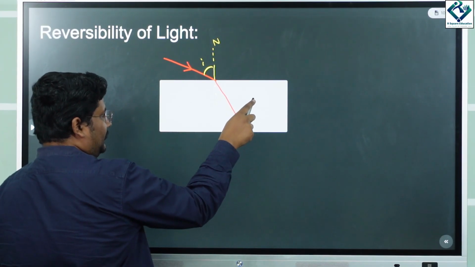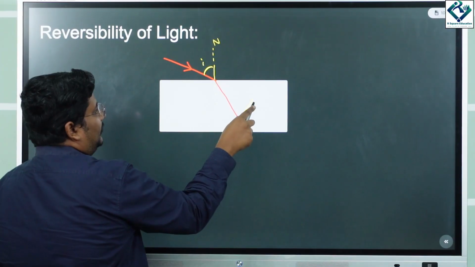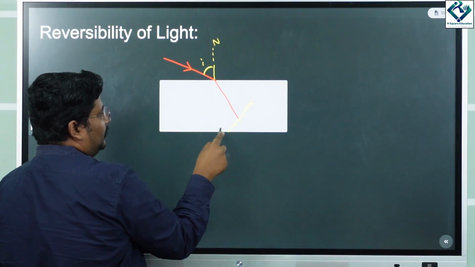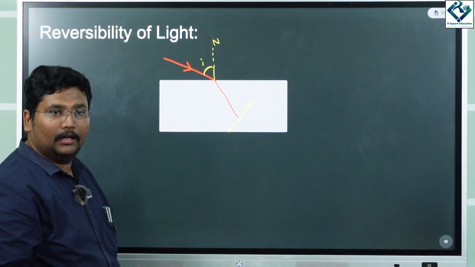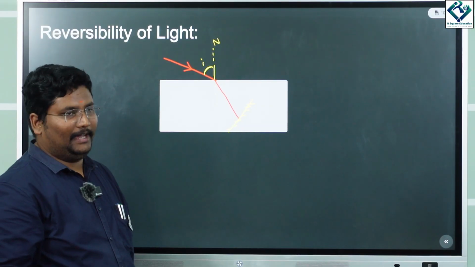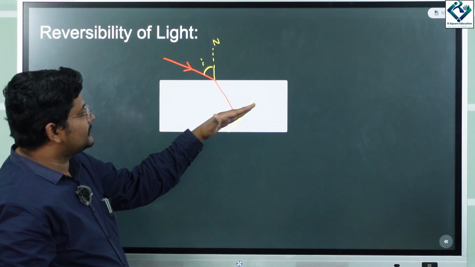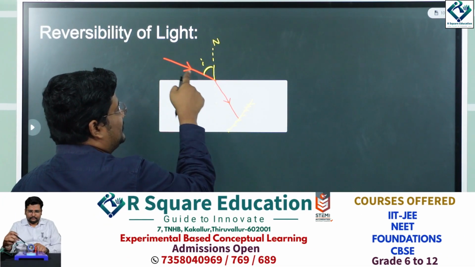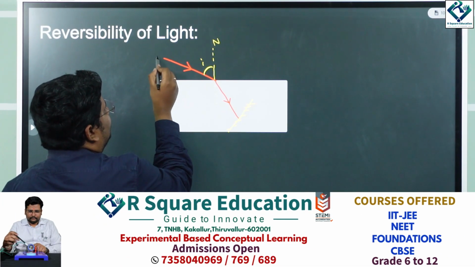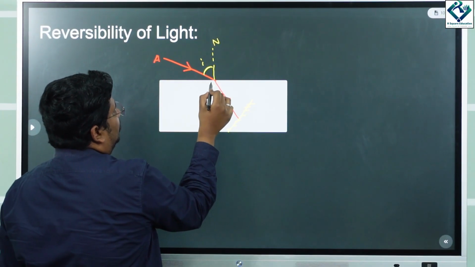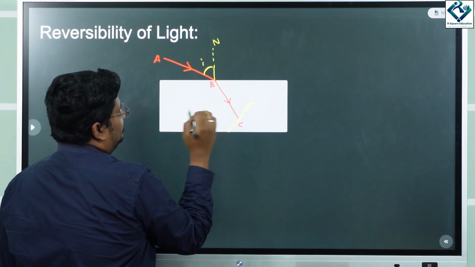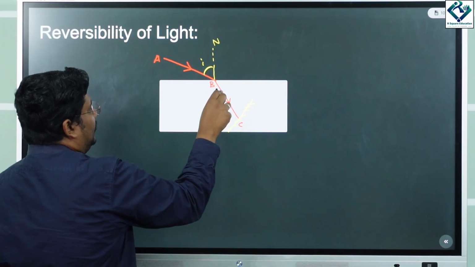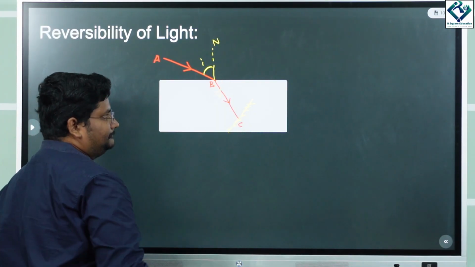Now I am going to place a mirror at an angle of 45 degrees, where the light is obviously going to retrace the same path after reflection. So first the light will pass through this. Say I take this as A, B and C, and this is going to be R.